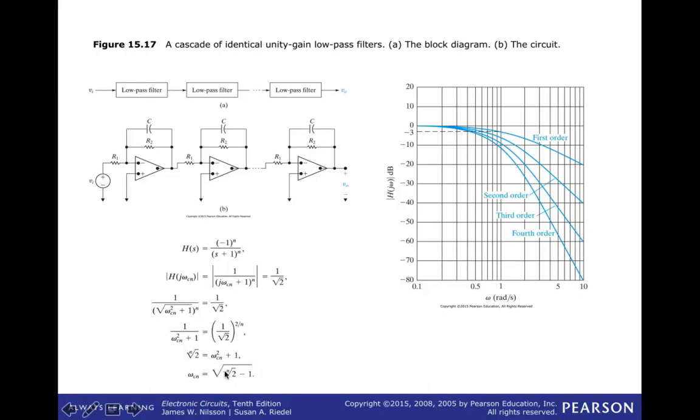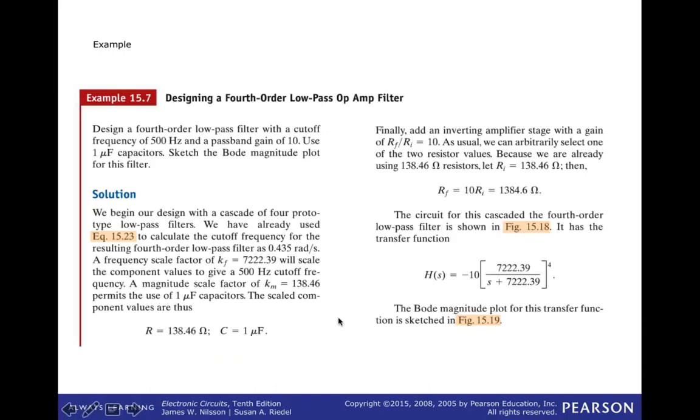So first of all, this points out one of the reasons it's important to design a prototype filter: it's a whole lot easier to understand what this means when our original design was for a cutoff of 1. So basically, this gives us a formula, and what it tells us is, where do we move from 1 when we design our higher order filter?